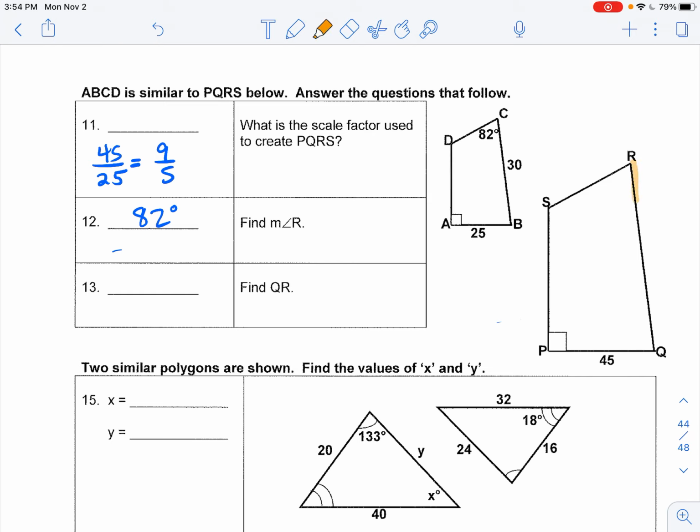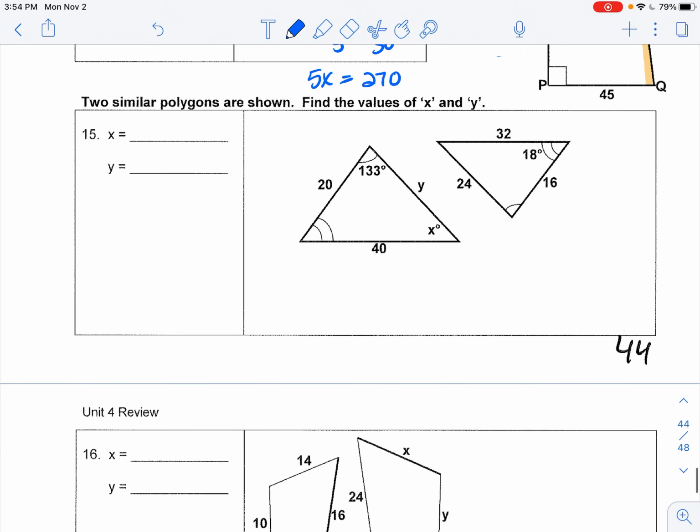QR is this guy here, and we know that the similar side is 30, and our ratio is 9/5. So 9 over 5 is equal to x over 30. Cross multiply, 5x is equal to 270. If I divide both sides by 5, x is going to equal 54.